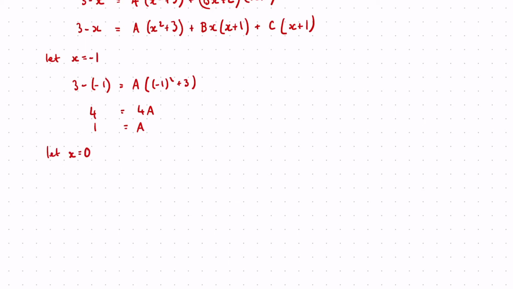We end up with 3 minus 0 is equal to 1 lot of (0 squared plus 3) plus C lots of (0 plus 1), because the B term will disappear with the 0 multiplied through, which is going to give me 3 is equal to 3 plus C, giving me C is equal to 0.